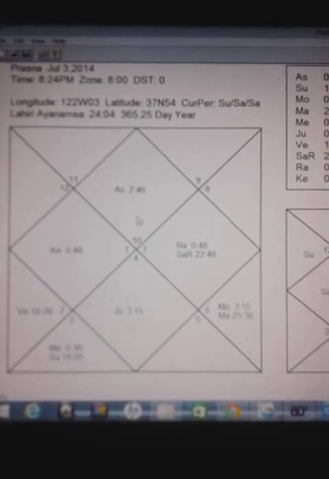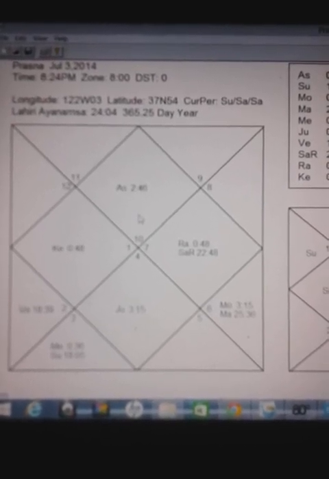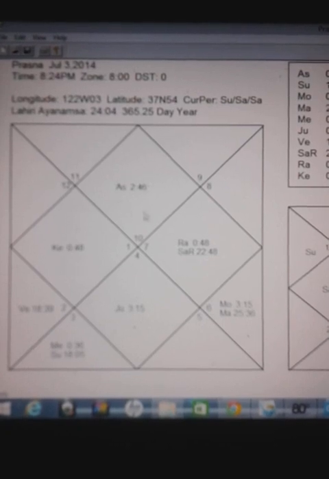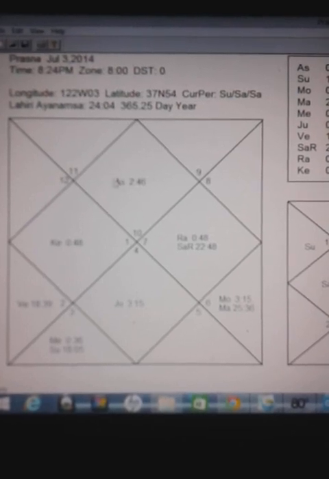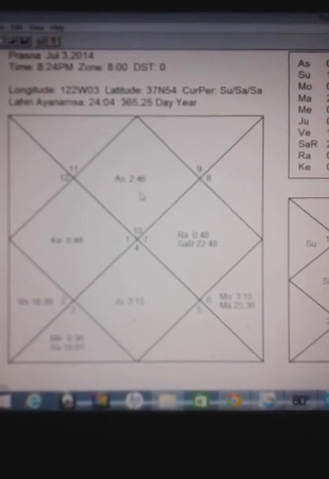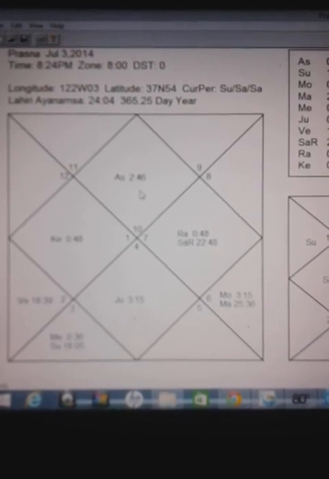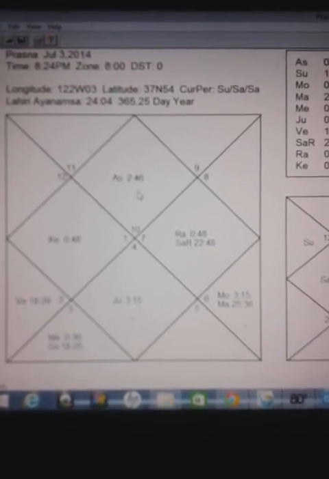So this is the way a Vedic chart looks. If you look at the first house where my cursor is, you will see the first house, which is also the ascendant, and then we move along anti-clockwise. This is the way the North Indian Vedic chart is presented and made.